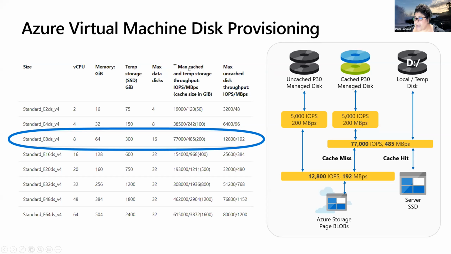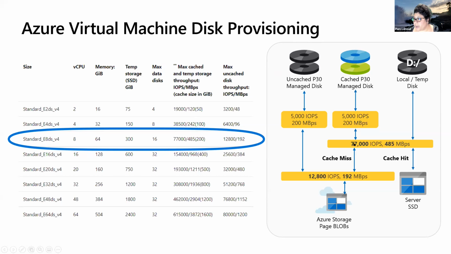Based on this max cached and temp storage throughput, I can say that the SSD is capable of 77,000 IOPS and 485 megabytes per second of throughput. So that's our SSD level provisioning. That provisioning is split, as you can see in the diagram, between the local drive and any drives that have caching enabled.